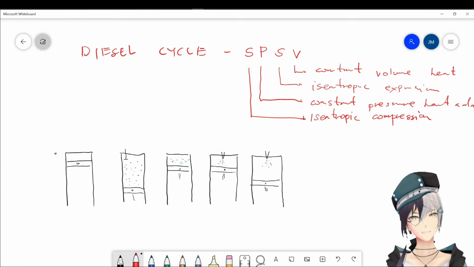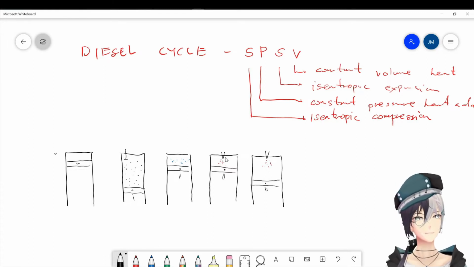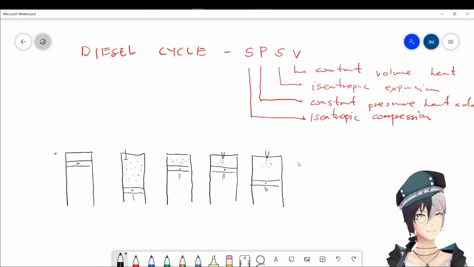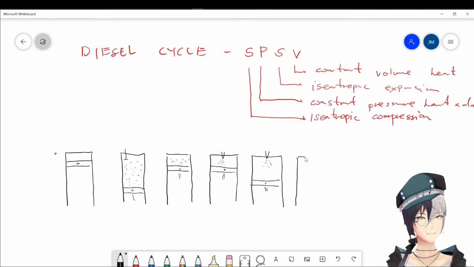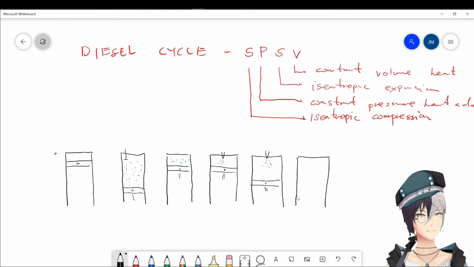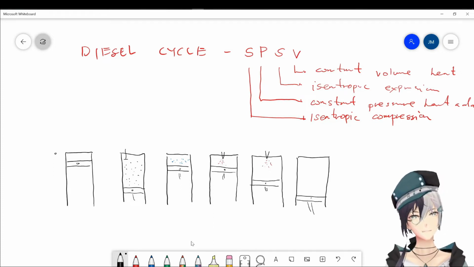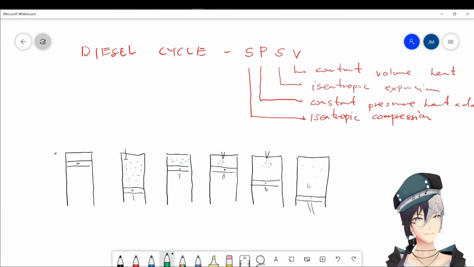So you now have your constant pressure heat addition, and from there the piston continuously moves down, and so you have now completed your power stroke. Okay, so the flue gas is now expanded.